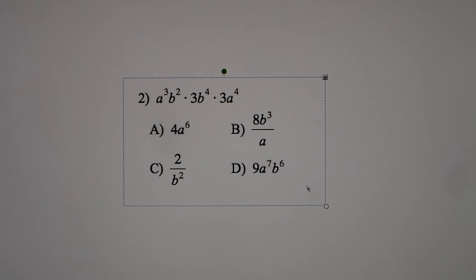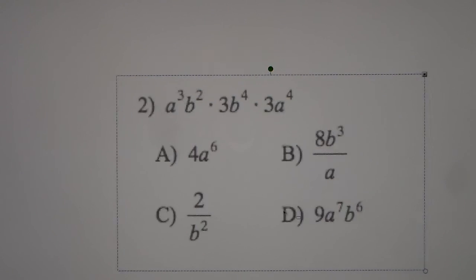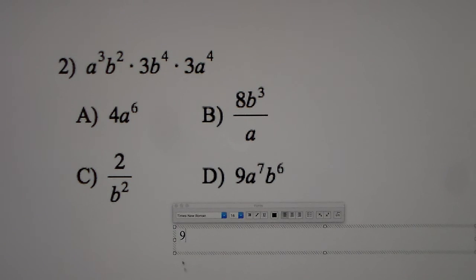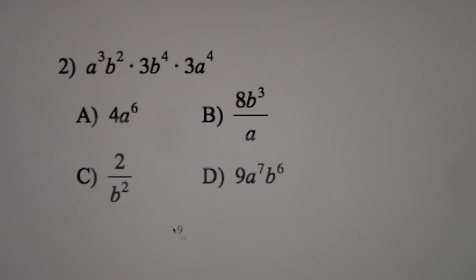Let's try number 2. We have a to the third times b squared times 3 times b to the fourth times 3 times a to the fourth. Well, 3 times 3 you guys know is 9. So we got 9. Let's do our a's. a to the third and a to the fourth.